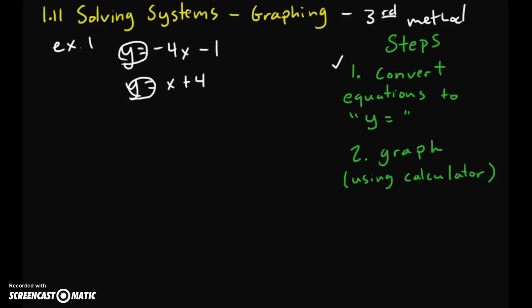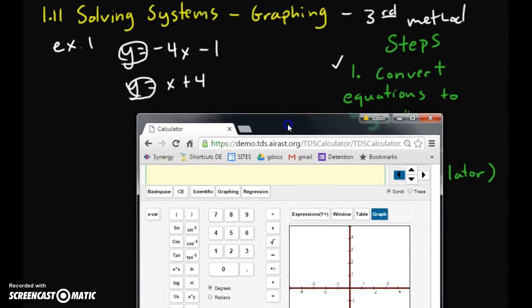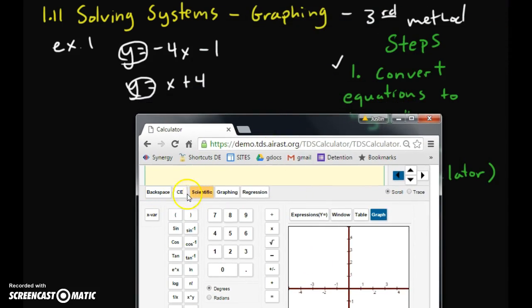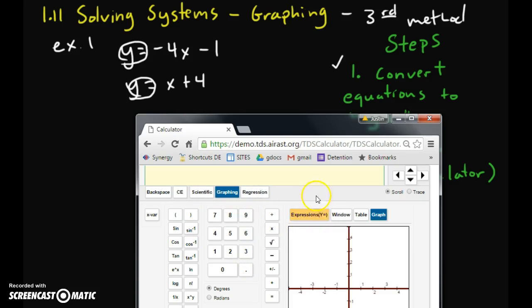The second step is to graph using the calculator. So I'm going to pull up the calculator right now. Here we have the calculator. You'll go to graphing, and you're going to see this word expressions where it says the y equals.